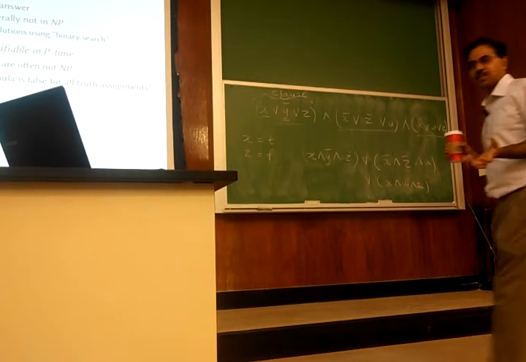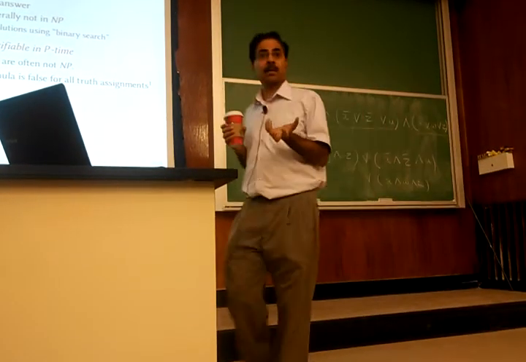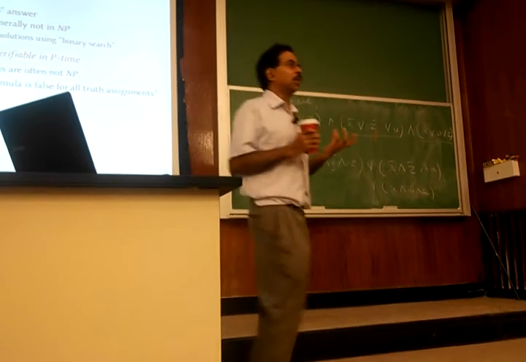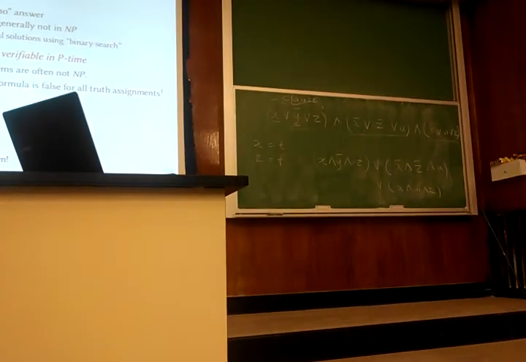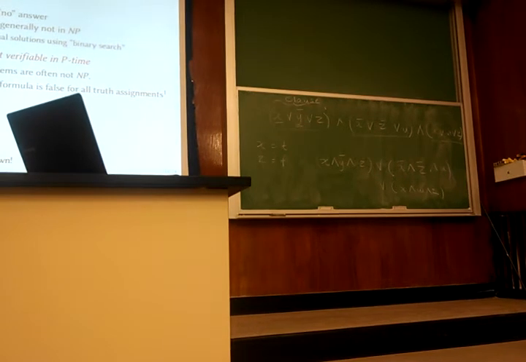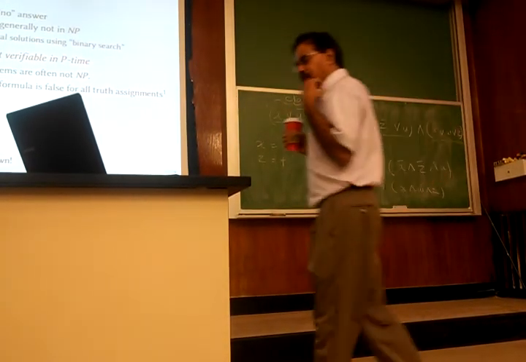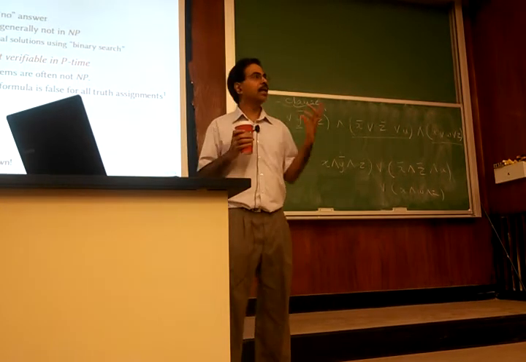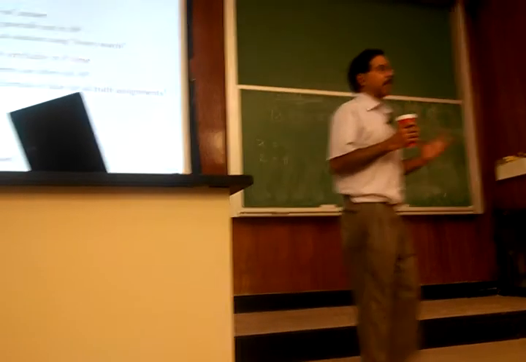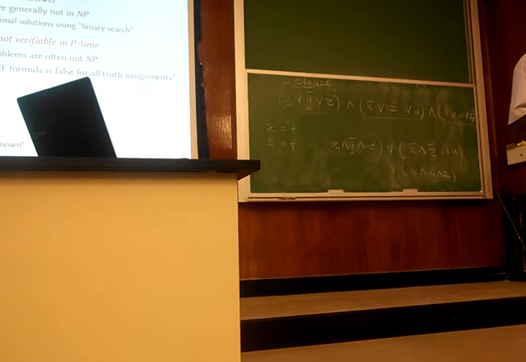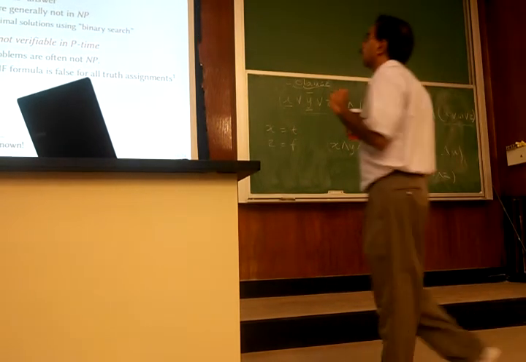So there is a guessed answer and then there is a verification part. Okay, so whenever you're asked to prove that some problem is in NP, what you need to do is say, okay, let's say we can guess the solution, and then you need to say, here is a way to verify the solution in polynomial time, right? So again, polynomial verifiability is the key for NP.